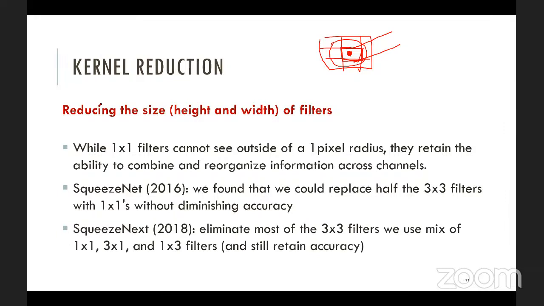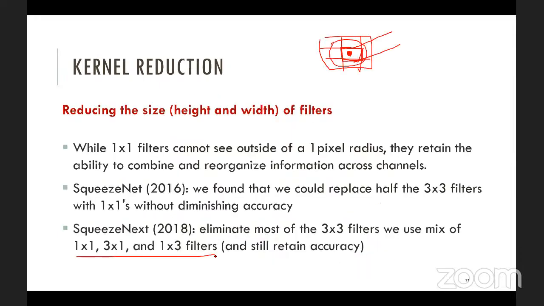Similarly, in SqueezeNext, another version which came in 2018, they eliminate most of the 3x3 filters. We call this filter factorization, which is there in Inception Net also. So 3x3 filters become 1x1, 3x1, and 1x3 filters, and still they manage to retain the accuracy, right?